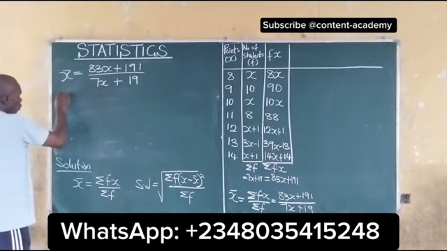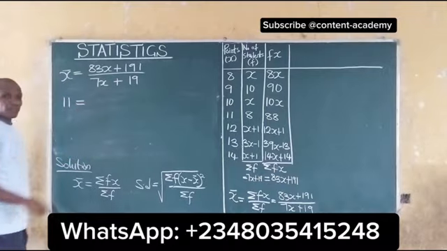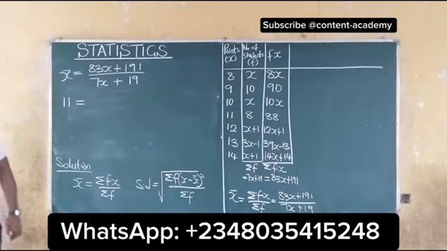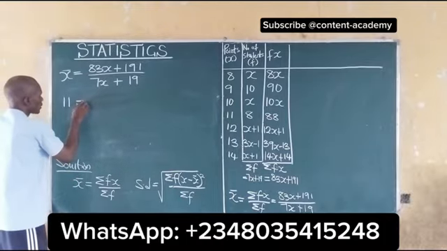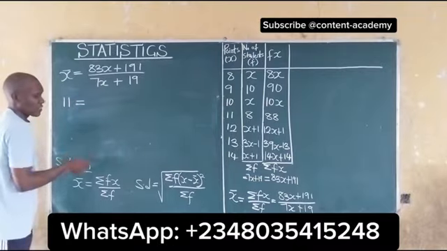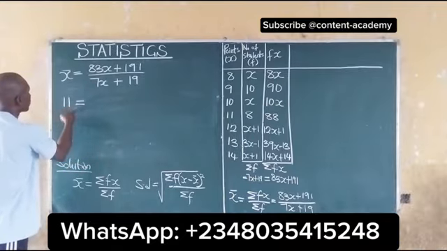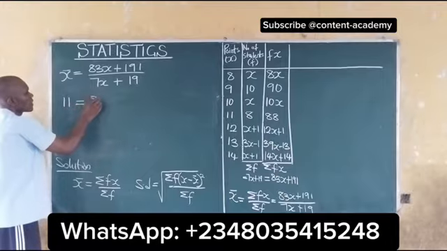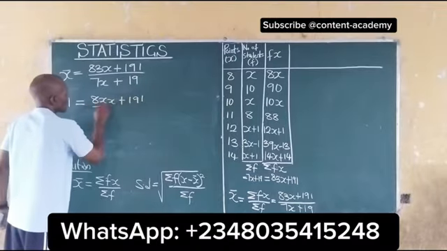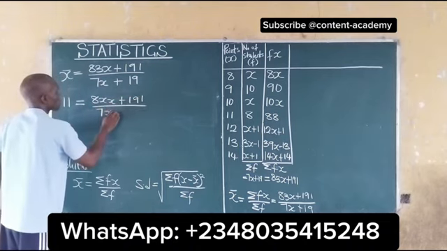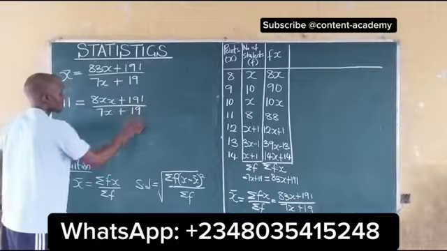That is what they gave us from the equation. They gave us our average point to be 11. So that 11 will now be 83x plus 191 all over 7x plus 19.